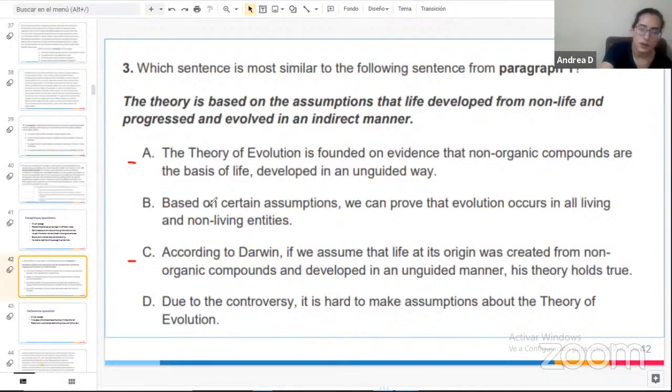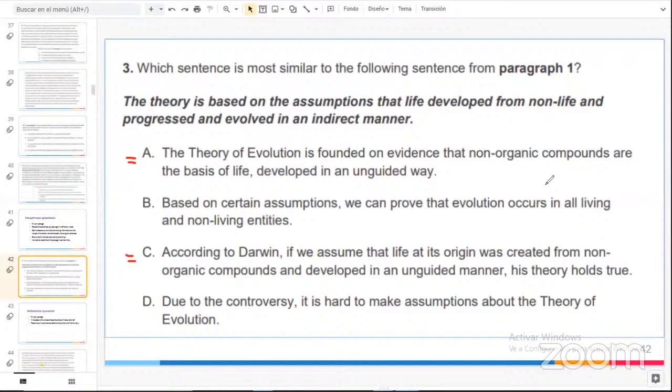Okay, we got two As. And Lucia, what about you? I will say letter C too. Okay. Jocabet? Will you say A or C?